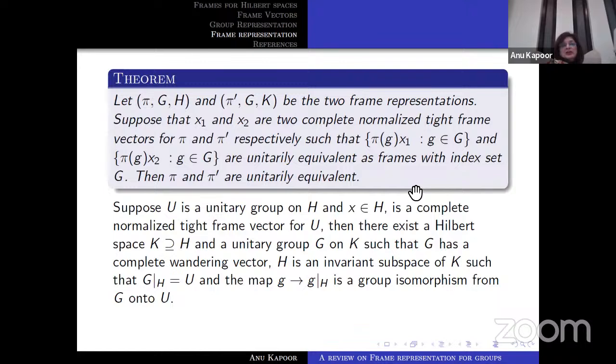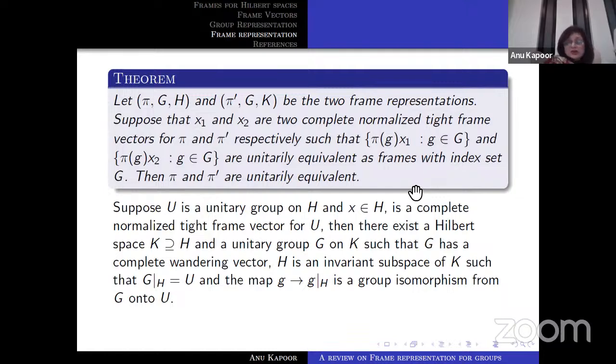Now, complete wandering vector means the corresponding frame is an orthonormal basis, and H is an invariant subspace of K such that G restricted to H is nothing but U, and the map G going to G restricted to H is a group isomorphism from G onto U.